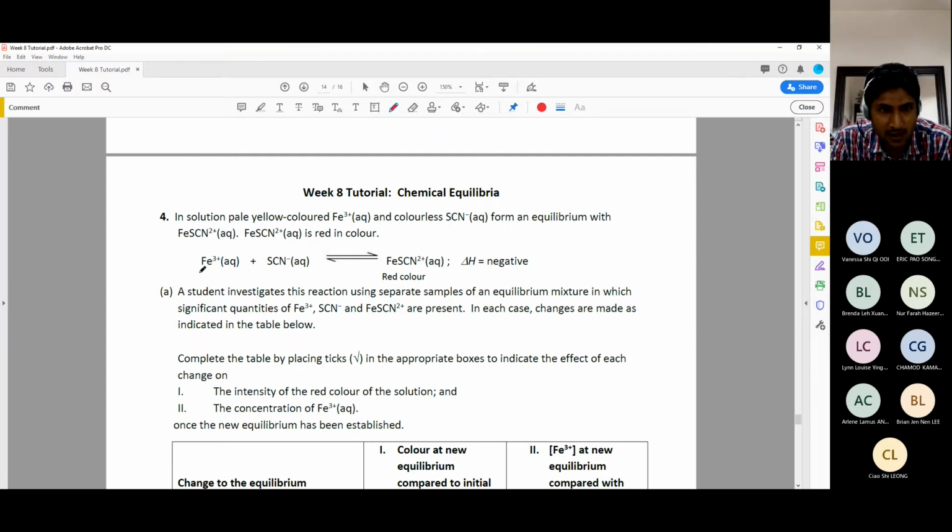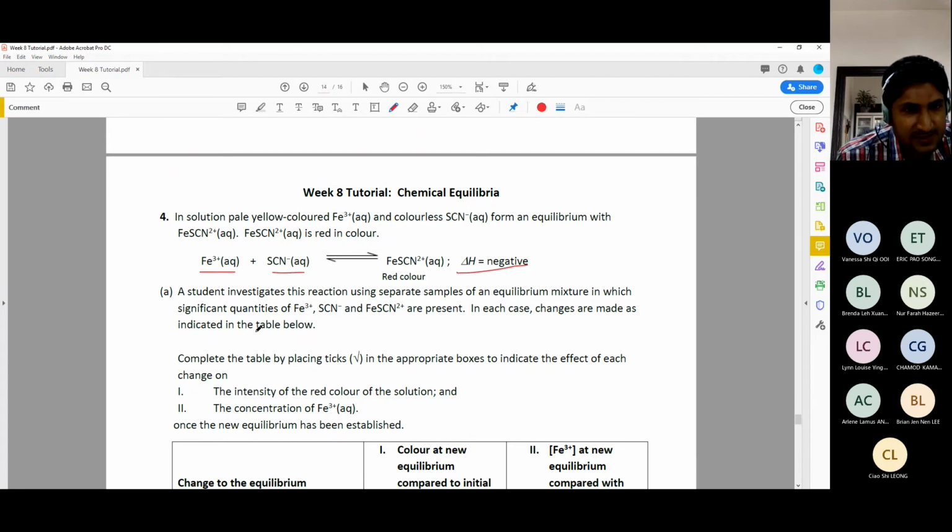So this is a pale yellow color, this is colorless, and when we mix them together, they become blood red. And del H is negative, so it's an exothermic reaction. All right.